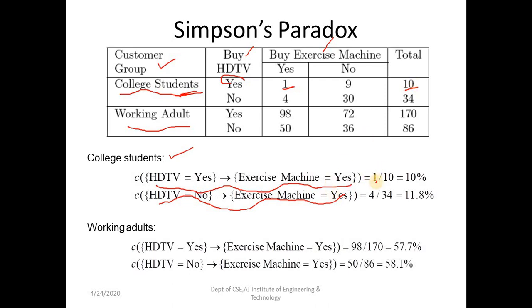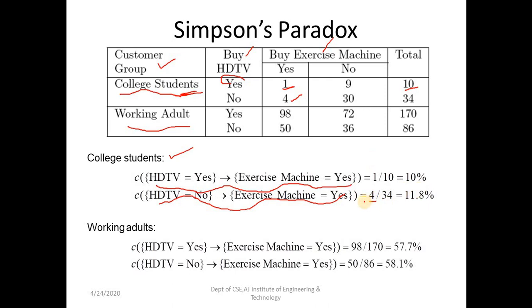So it is 1 divided by 10, which is equal to 10%. Next, let us calculate the confidence of the rule HDTV equal to no implies exercise machine equal to yes for college students. So college students with HDTV equal to no is given by 4.